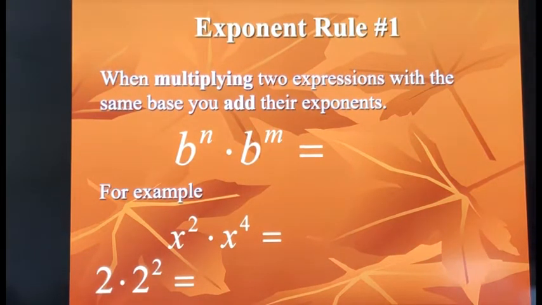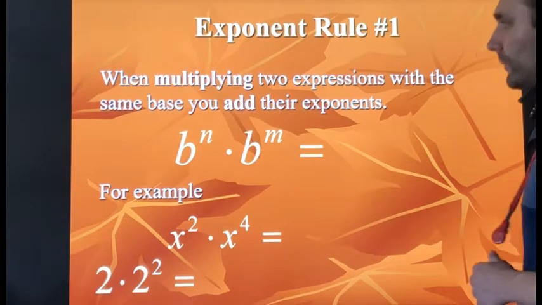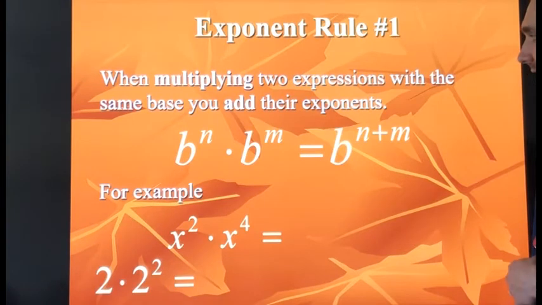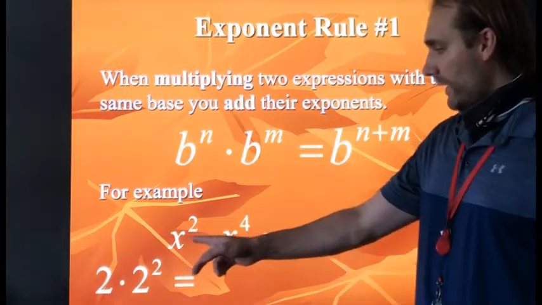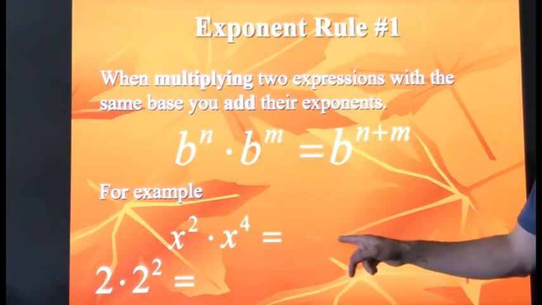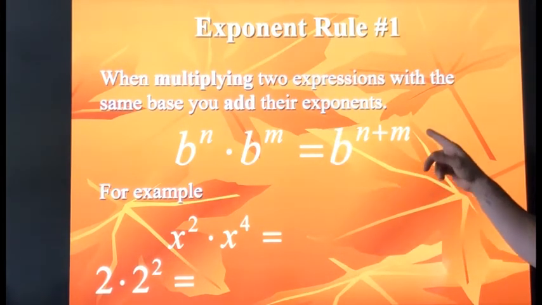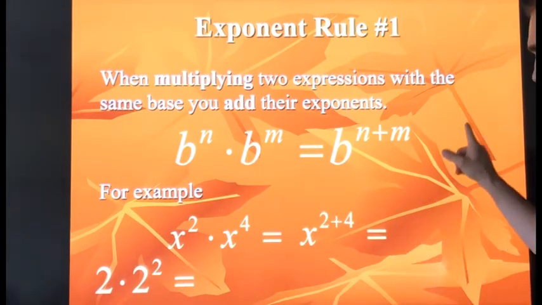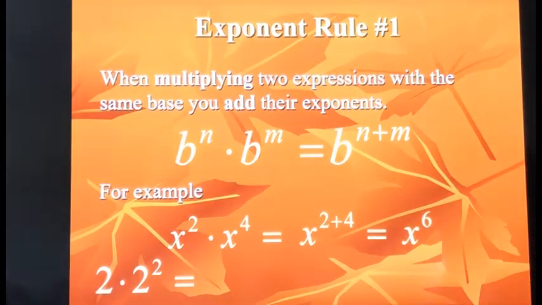Rule number 1: when multiplying two expressions with the same base, you add the exponents. So b to the n times b to the m is equal to b to the n plus m. For example, if I have x squared times x to the fourth, it's the same as x to the what? 2 plus 4, which is 6.